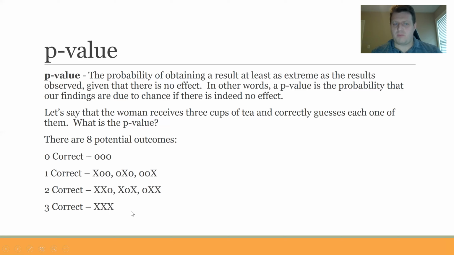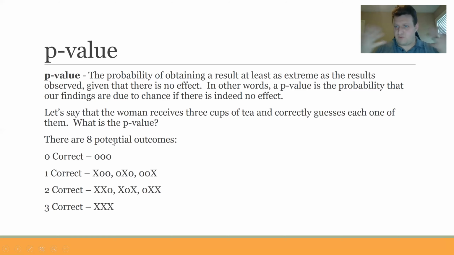So what's the probability that she gets 3 of them right or a more extreme result? Well, 3 of them right is the most extreme result. So just what's the probability that she gets all 3 of them correct? This is one instance out of all the other potential instances. That's 1, 2, 3, 4, 5, 6, 7, 8.